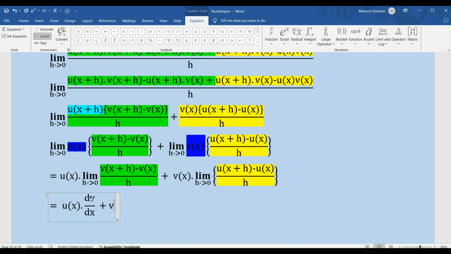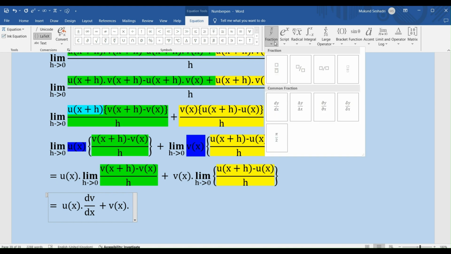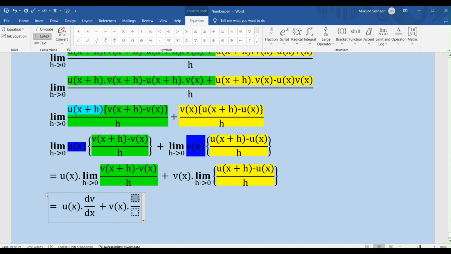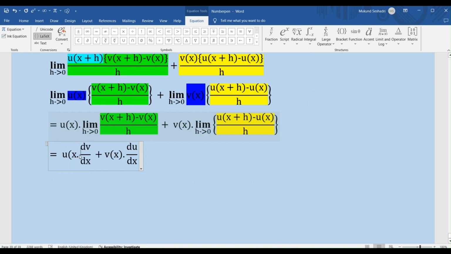And what is the second part, which is the yellow part of the whole expression? The limit h tending to 0 of u of x plus h minus u of x divided by h is nothing but my u dashed of x, which is written as d by dx of u of x, which is du by dx, right? For u and v, you do not necessarily have to call out x all the time.